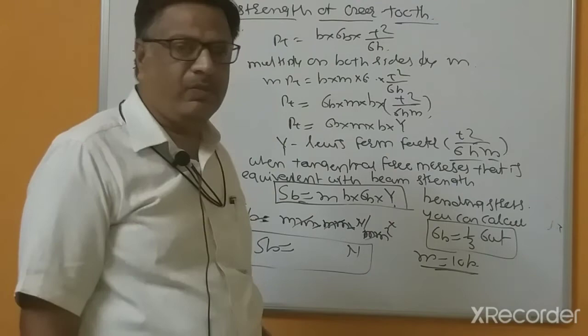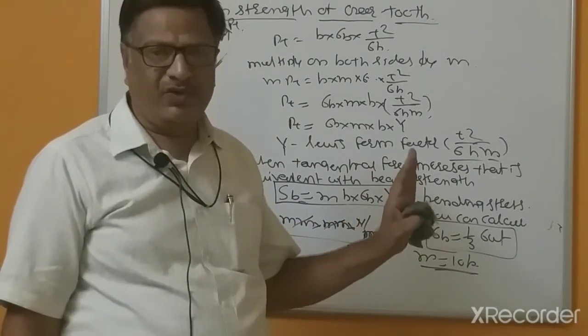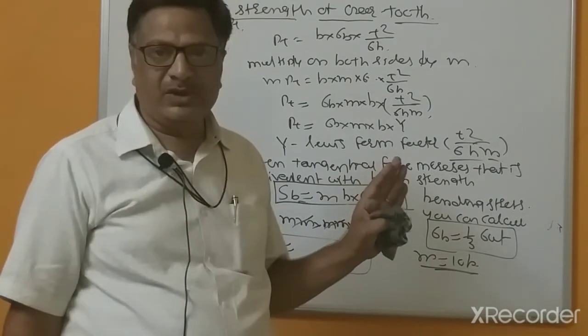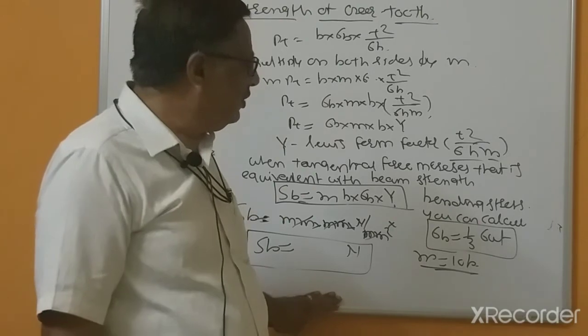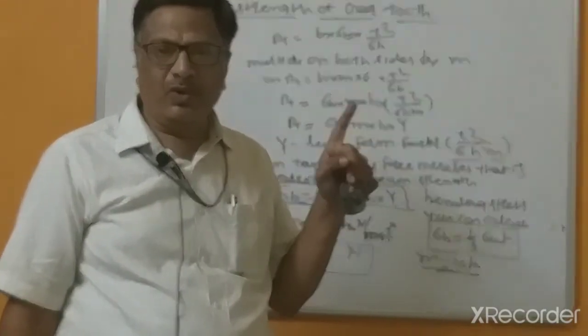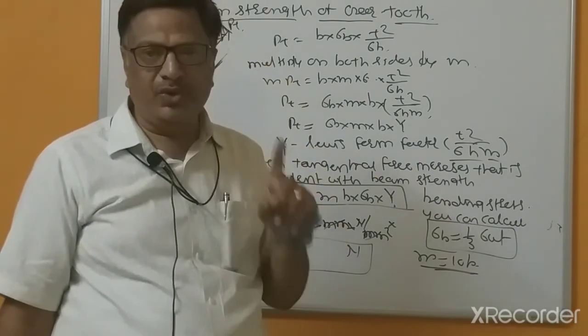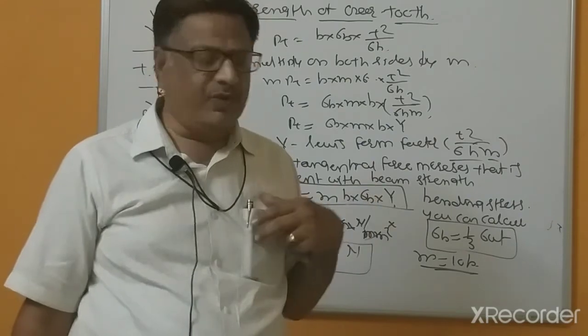That's why I am keeping short lectures, maybe 40-45 minutes, to avoid boredom. So be prepared for the beam strength, because as mechanical engineers, if you want to become design engineers, you should know the design of gears, and design of gears is very important.